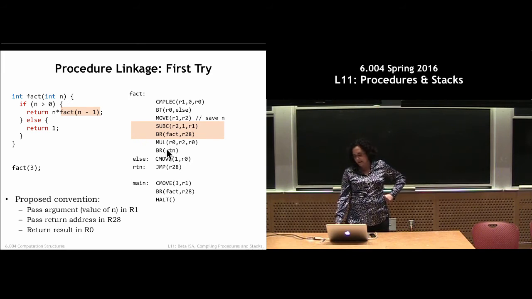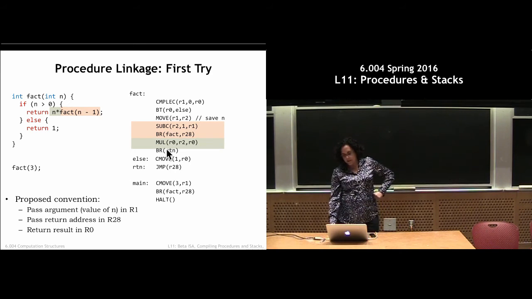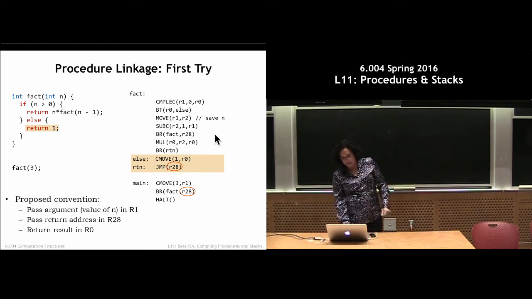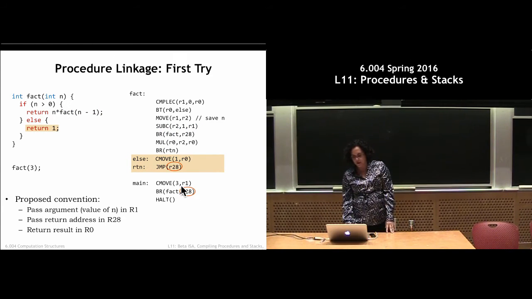That's exactly right. So this doesn't work because look at what we've done here. We have R28 over here, which is where we stored our return address from the main program. Okay? So this R28 has the address of this halt instruction.